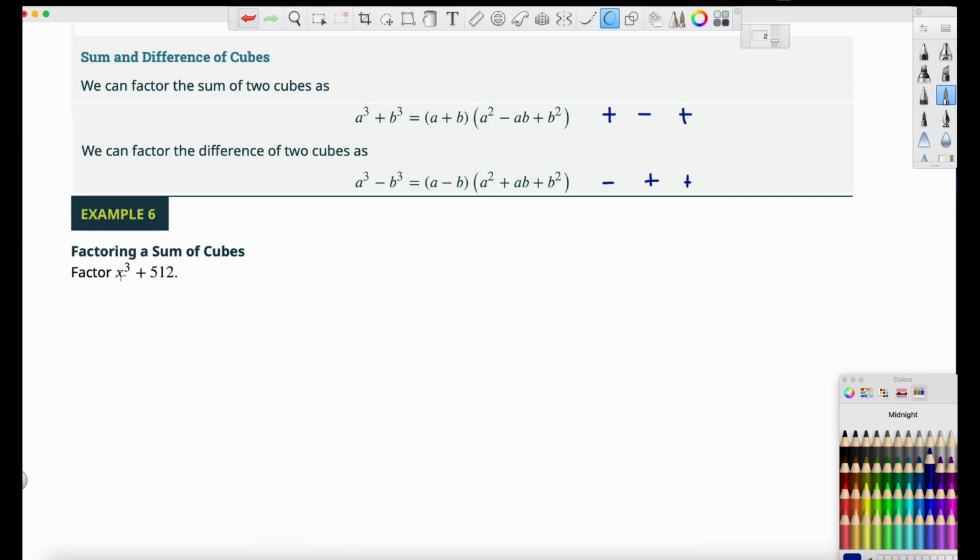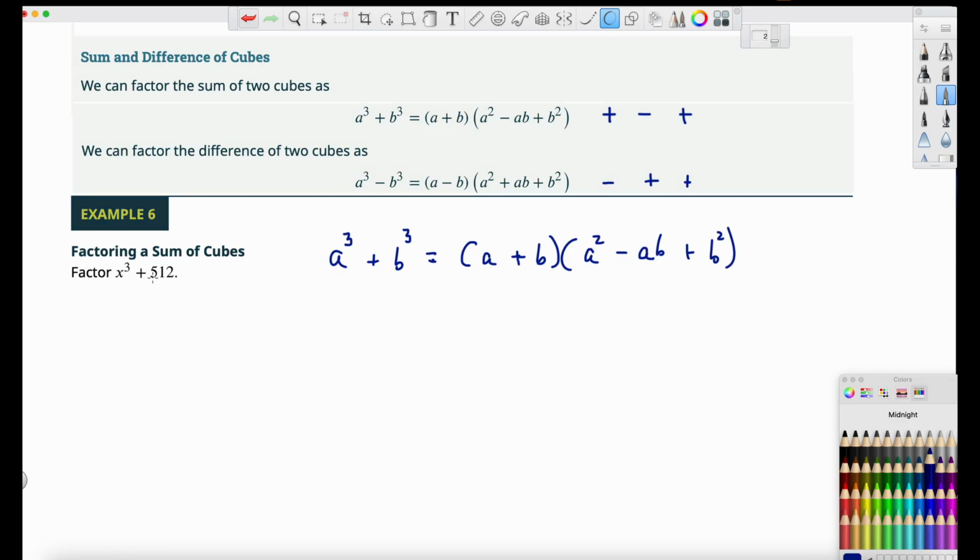So let's look at this first one right here, x cubed plus 512. So we're dealing with this first formula, and it's going to be a plus b times a squared minus ab plus b squared.